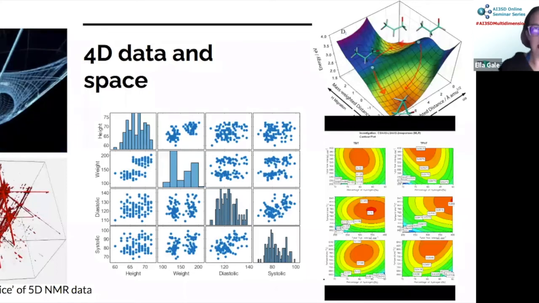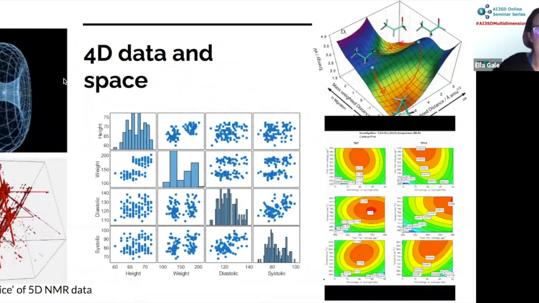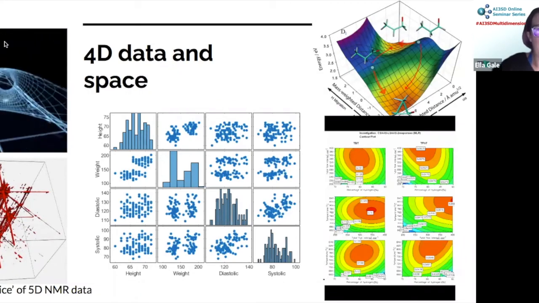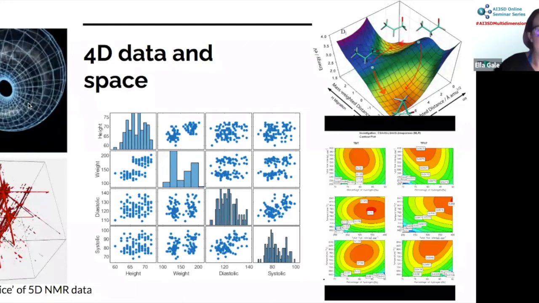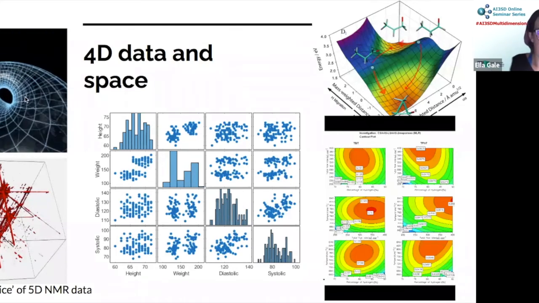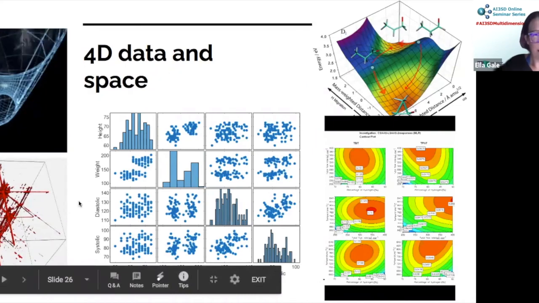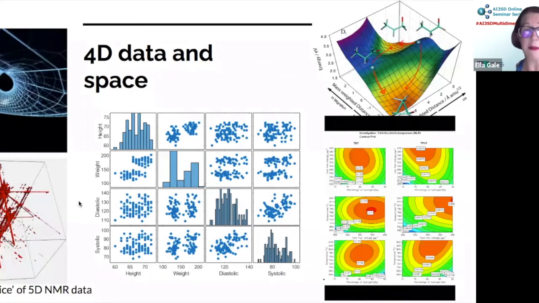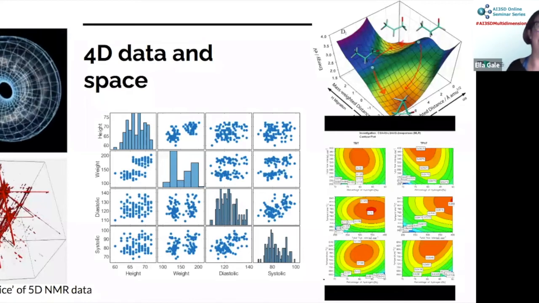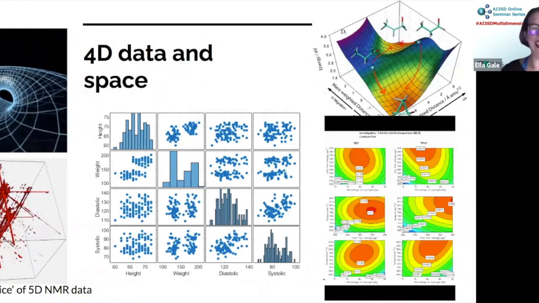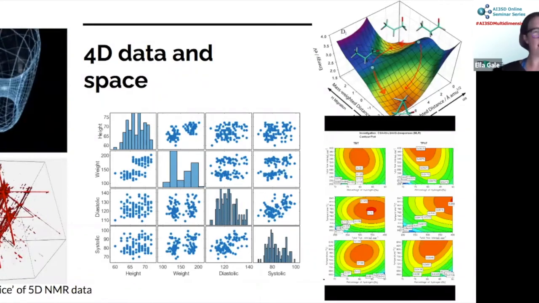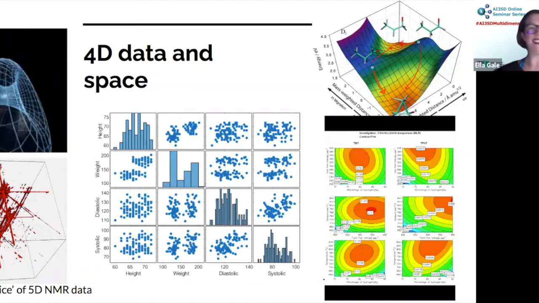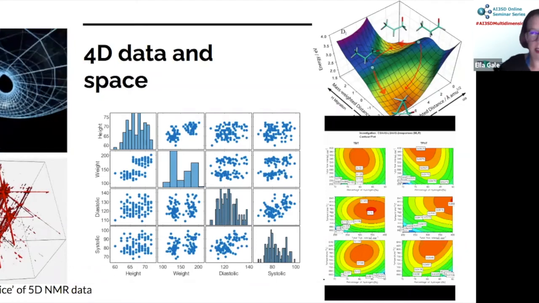So here are some examples of 4-dimensional data. This is a 4-dimensional object being rotated in 3D to try and give you a sense of it. Down here is a cubic slice of 5-dimensional NMR data. So perhaps if you're skilled at NMR, you can look at several of these cubic slices and start to understand and think about the data in 5D.